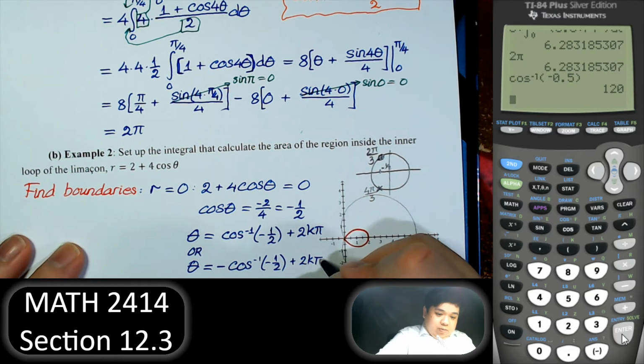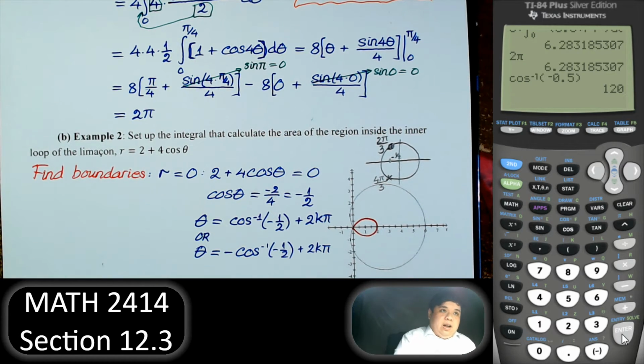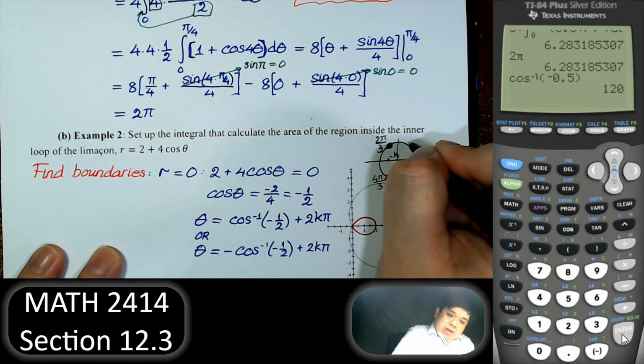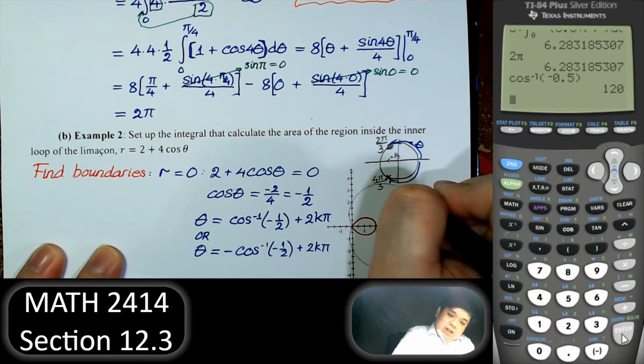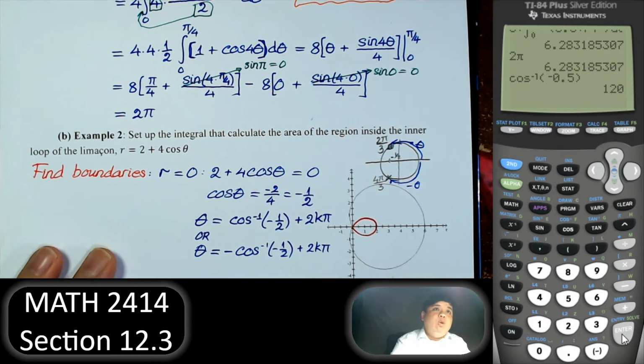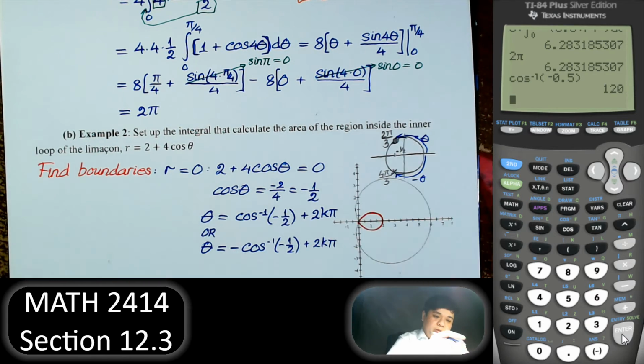So that is the solution for the cosine equal to a constant. So with that we have the positive theta or the negative theta. Both of them give us the same values.